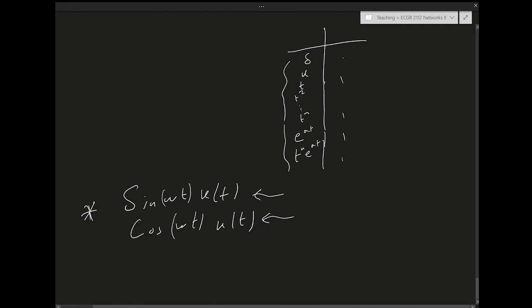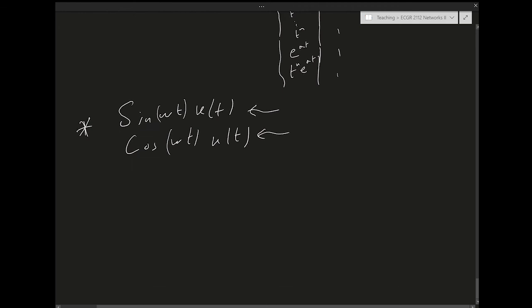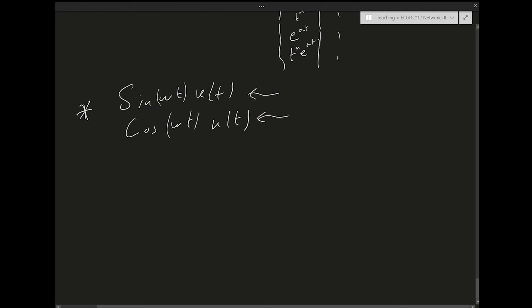What matters is that whatever way we use, it has to be consistent. We should always get the same result, or else the Laplace transform would not be unique, which does not follow the definition of the Laplace transform.